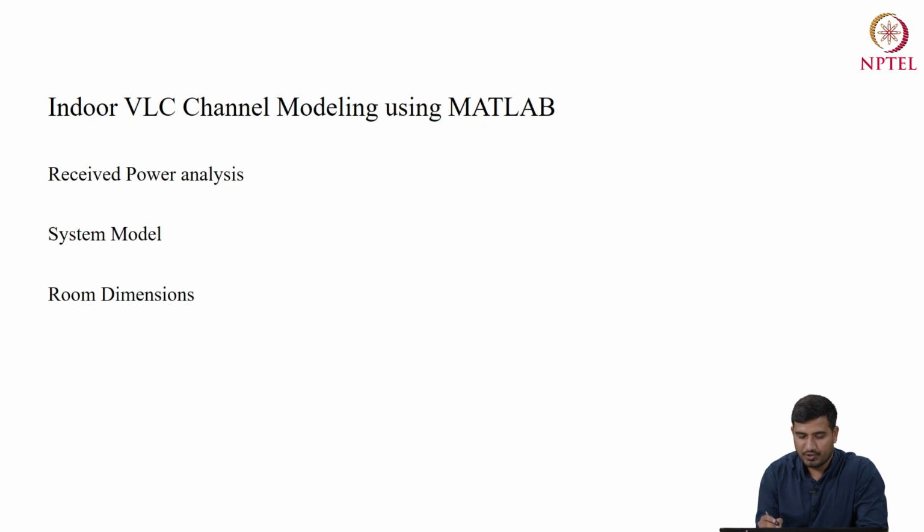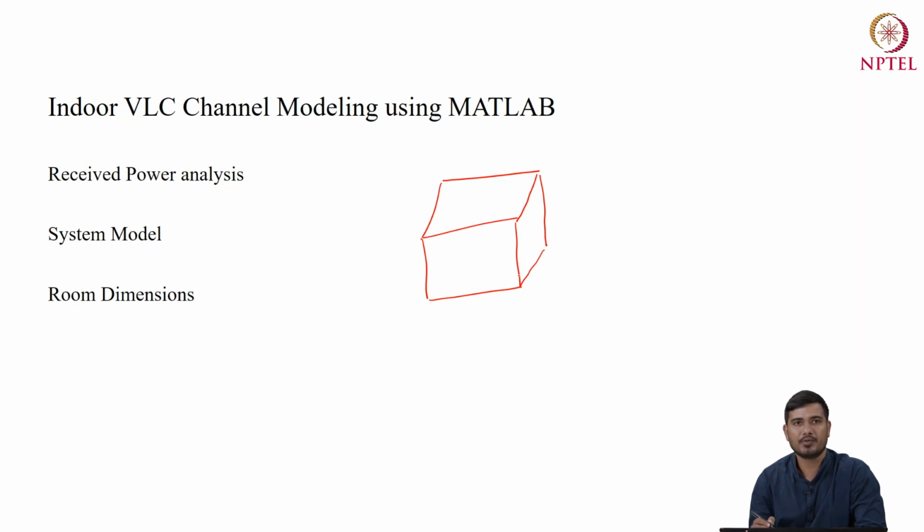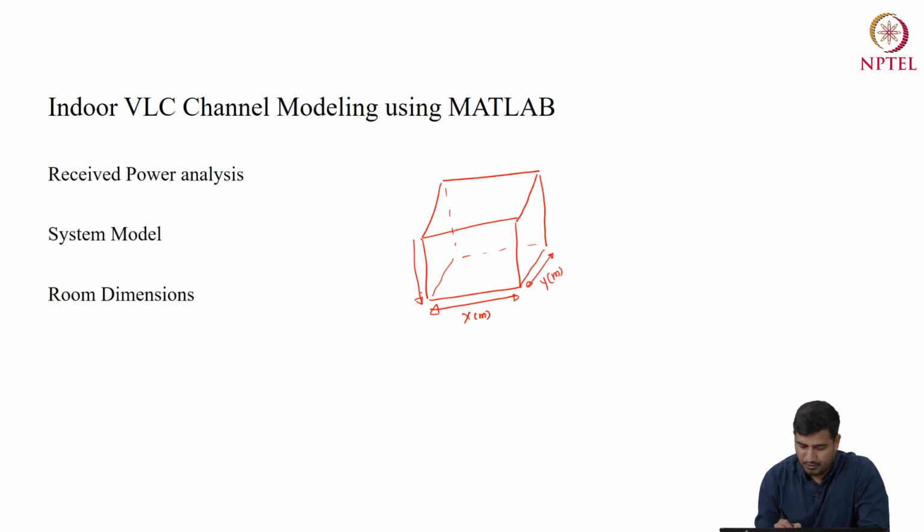If I am going to show here, suppose we have a room which looks like this. This is actually an office room I am trying to show here. It may have a dimension where, suppose, the width is x meter, the length is y meter, and the height of the room, which I am mentioning in the z coordinate, is z meter.